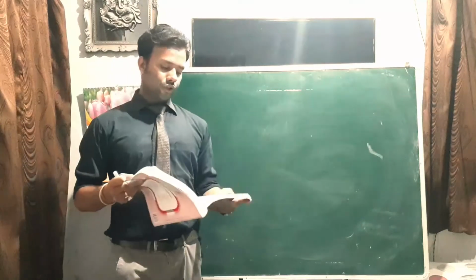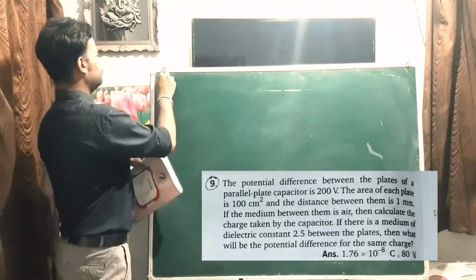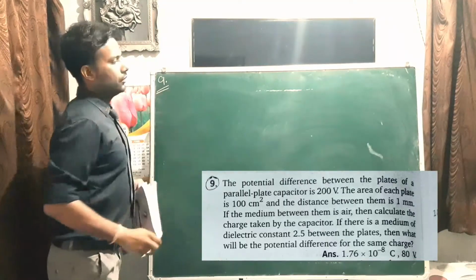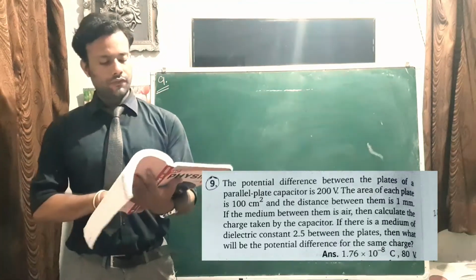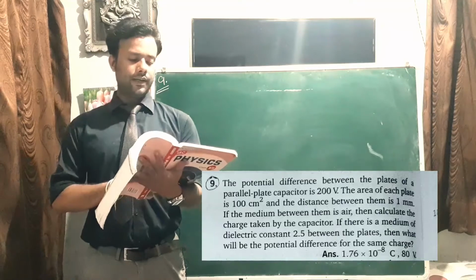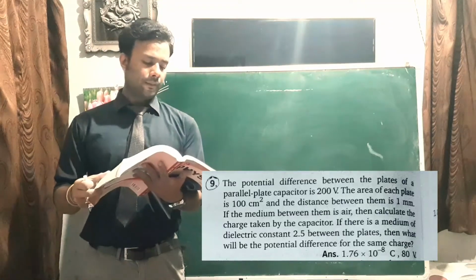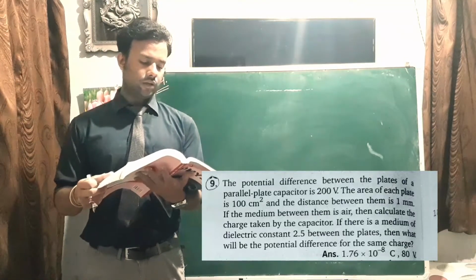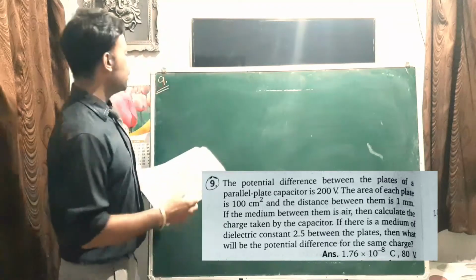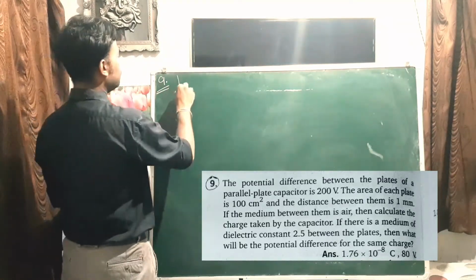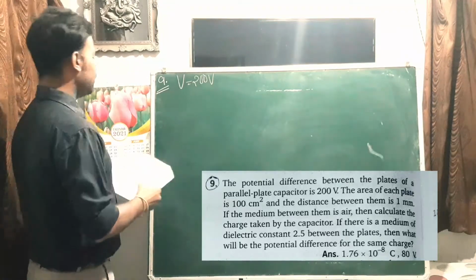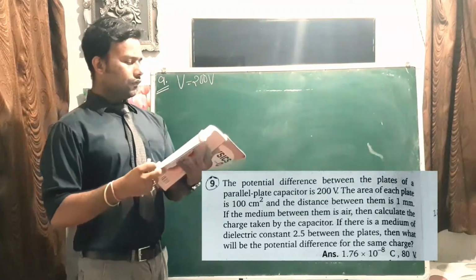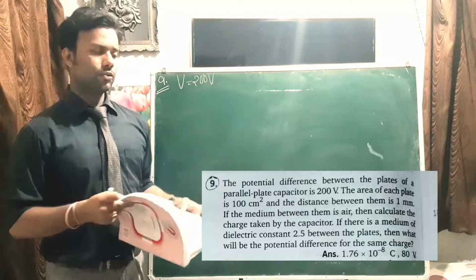Let's see question number 9. What is it saying? The potential difference between the plates of a parallel plate capacitor is 200 volt. So we have V as 200 volt. Next, the area of each plate is 100 centimeter square.